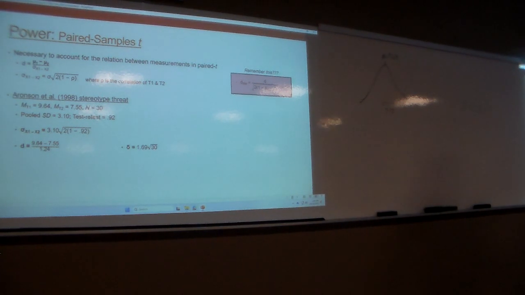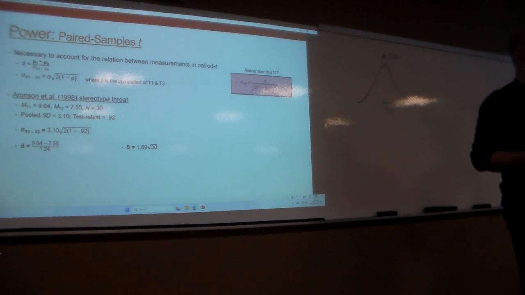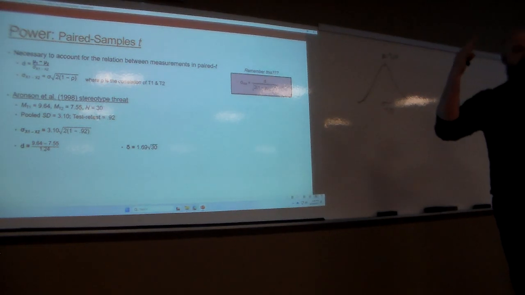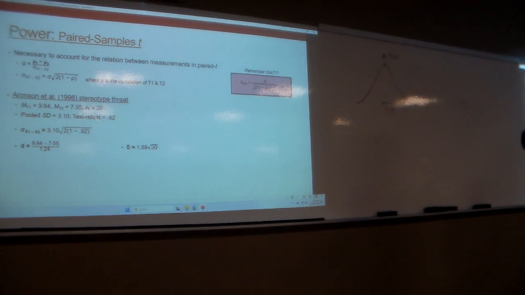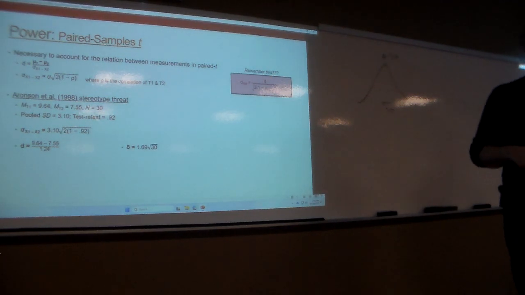So again, let's go back and think about this Aronson study, and instead of imagining this as an independent sample analysis where we have the control group and the threat group separately, let's say we have transitioned this into a repeated measures design.